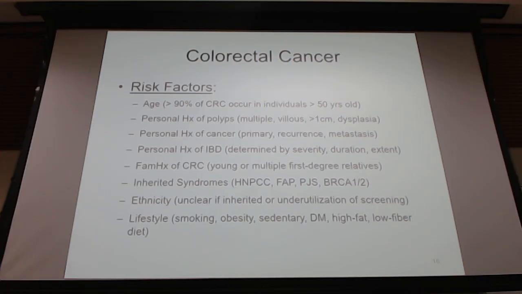Inflammatory bowel disease is another risk factor, which we already talked about. Then family history and all the inherited genetic syndromes, and then ethnicity, and then lifestyle. So being overweight, being sedentary, smoking, diabetes, high fat, low fiber diets all increase our risk for colon cancer.